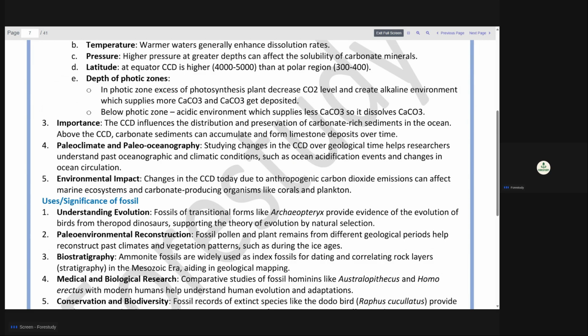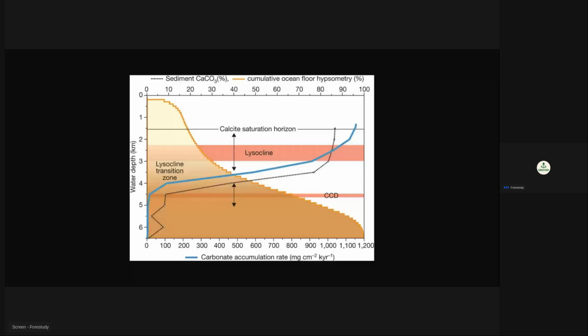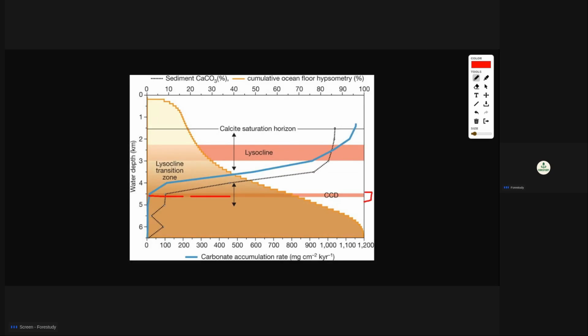Now I'll show you how this actually looks. So I think you can see this. This is the CCD that we were talking about, the calcium carbonate compensation depth.